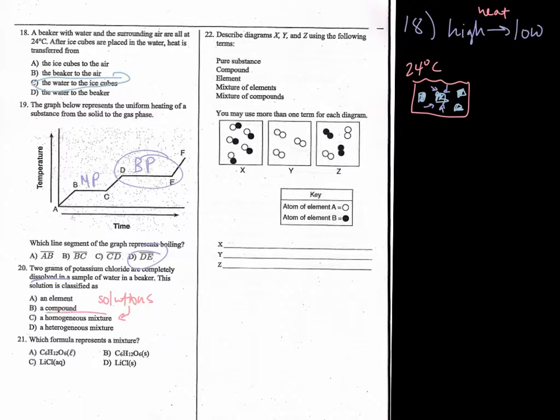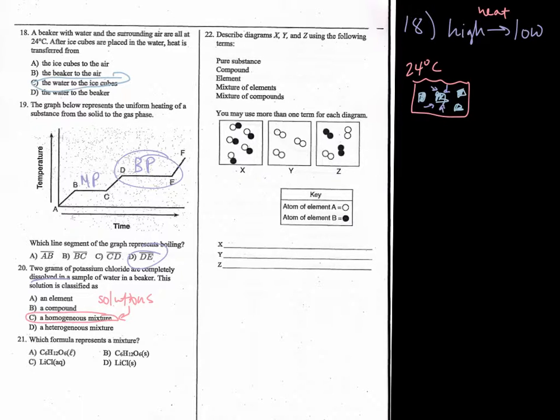And they typically correspond to homogeneous mixtures, because you're just mixing potassium chloride with water. The potassium chloride breaks down, and regardless of however many samples of water you take, it should be an even amount of potassium chloride in each sample.